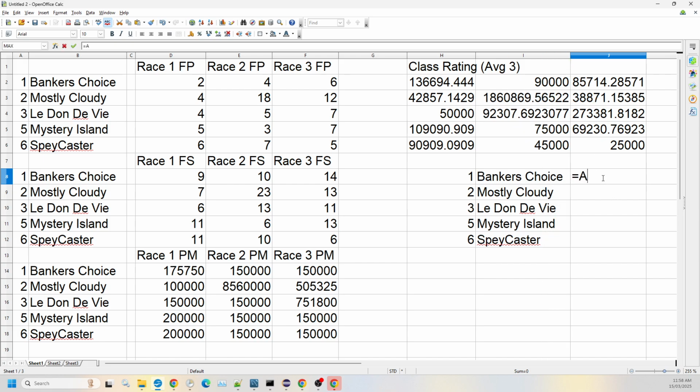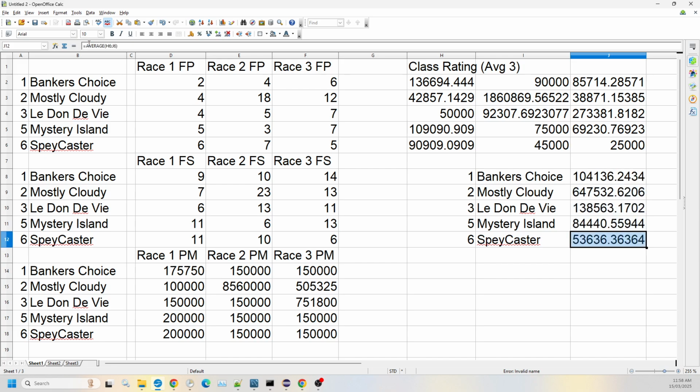And what I'm going to do is just average the class rating. So we got 3 values, so it's just going to be the average of those 3. And now we have a simple rating.